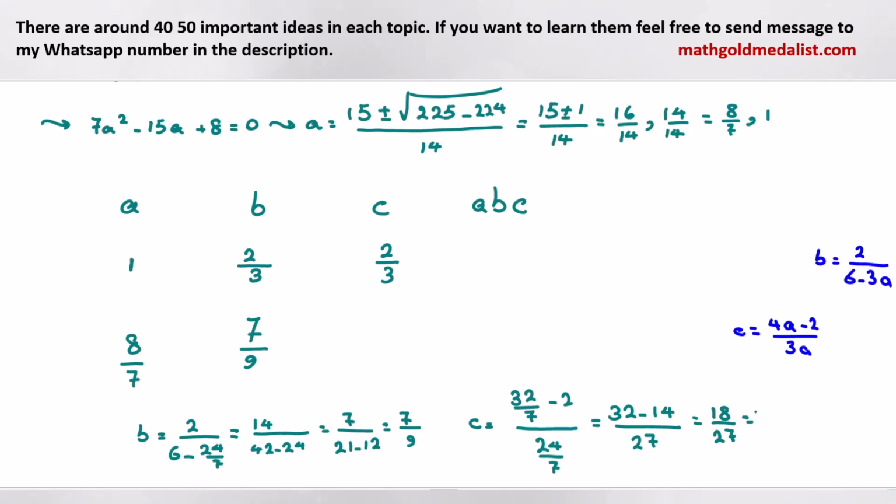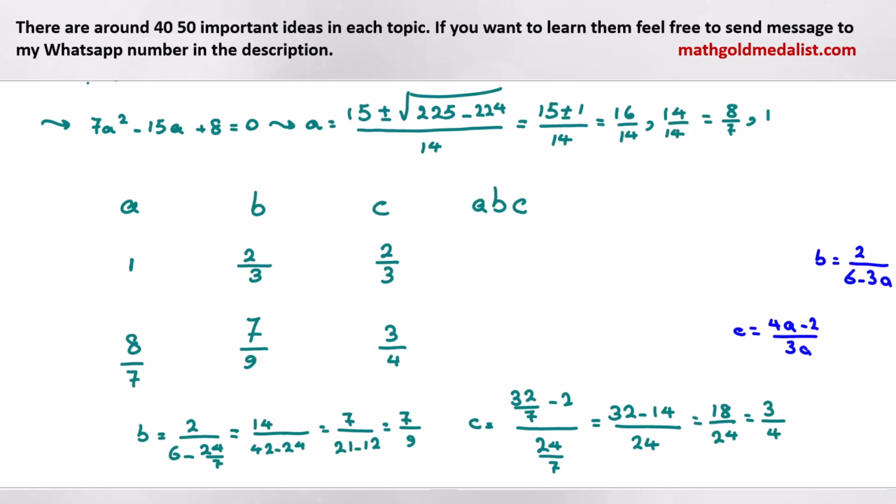If you simplify, divide both numerator and denominator by 9, it will be 2 over 3. Okay? Now, let's check it again. Sorry. It was 24. So let me correct this. 24. 32 minus 16, 18 over 24. We can divide both numerator and denominator by 6, so it will be 3 over 4.